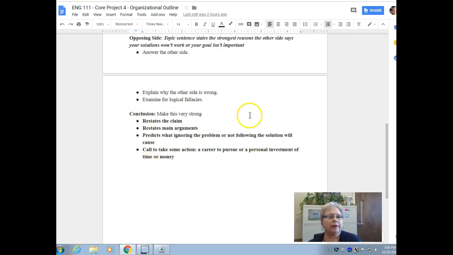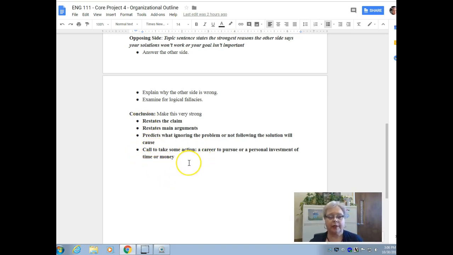Or you can do it in a separate document, and just put conclusion up there, and the first point would be your restatement of your claim, your restatement of the solutions for the problem, and your prediction, you can type that out, and then the call for action.